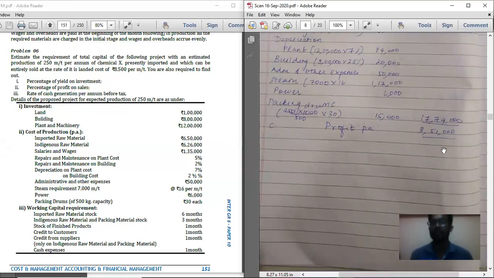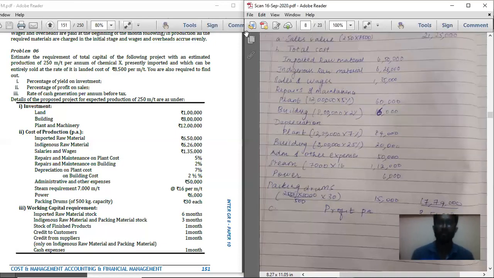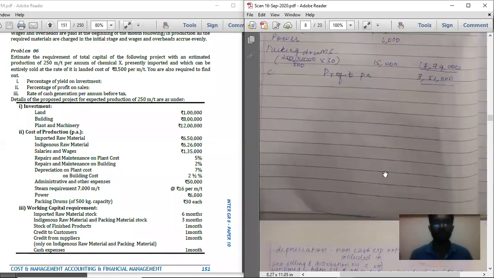In respect of the 3,51,000, profit per annum. So we have found out what is the profit. So we have completed what is profit per annum.